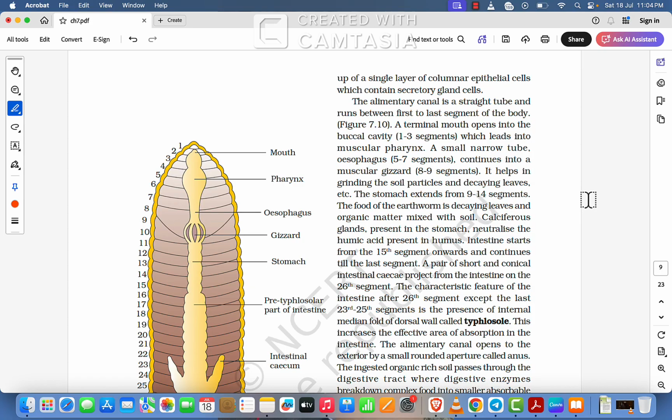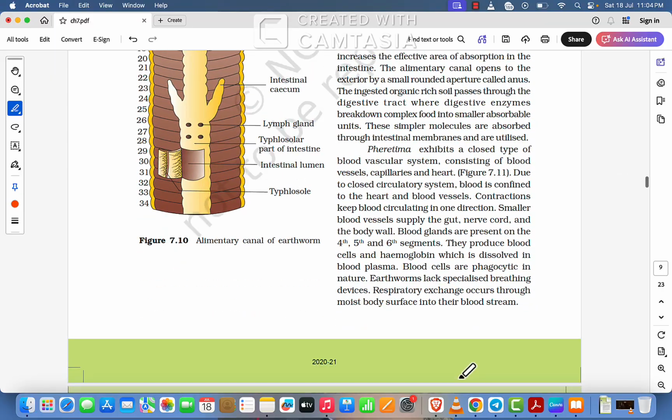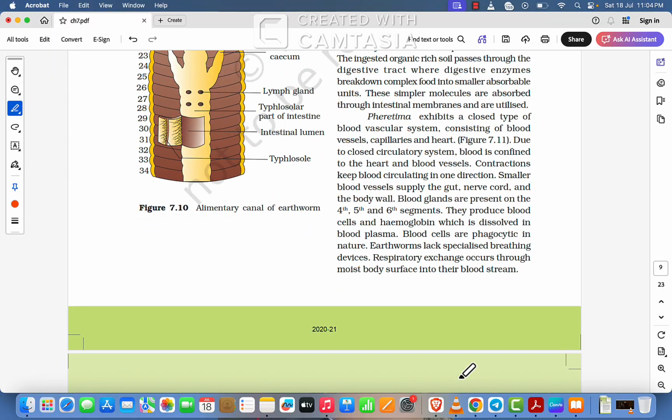This increases the effective area of absorption in the intestine. The alimentary canal opens to the exterior by a small rounded aperture called the anus. The ingested organic-rich soil passes through the digestive tract where digestive enzymes break down complex food into smaller absorbable units. These simpler molecules are absorbed through the intestinal membranes and are utilized.